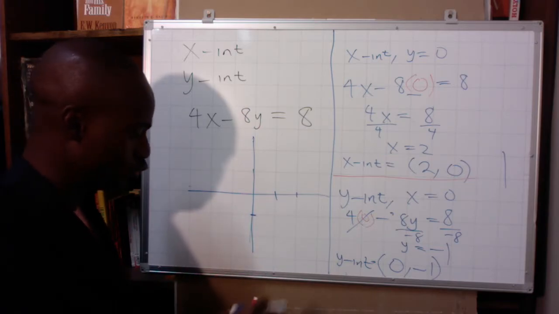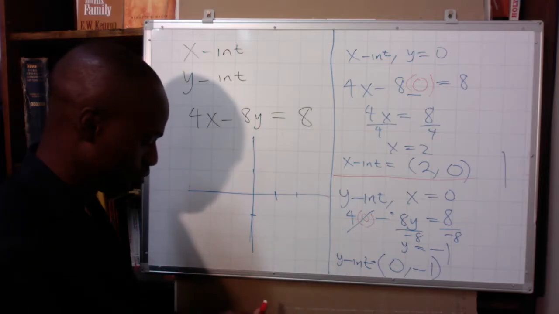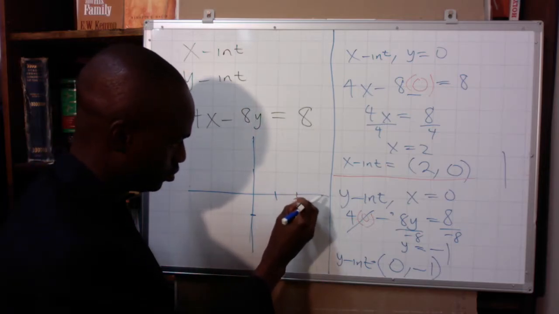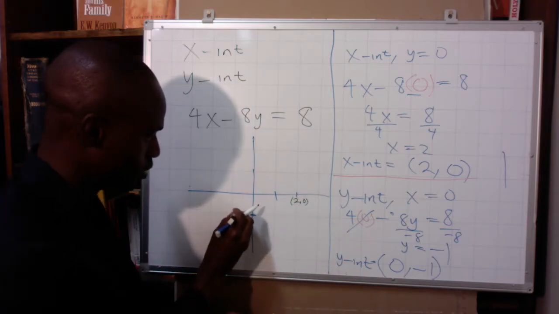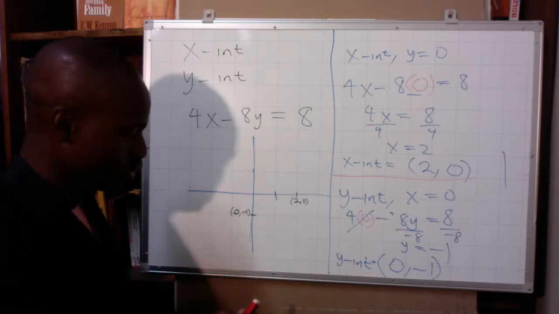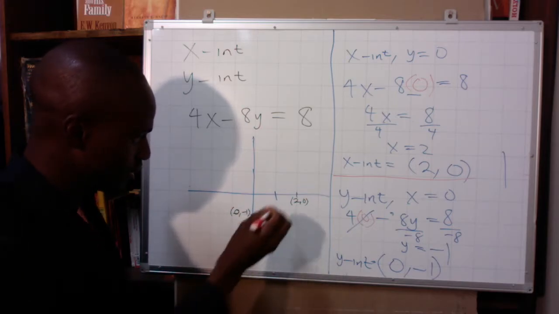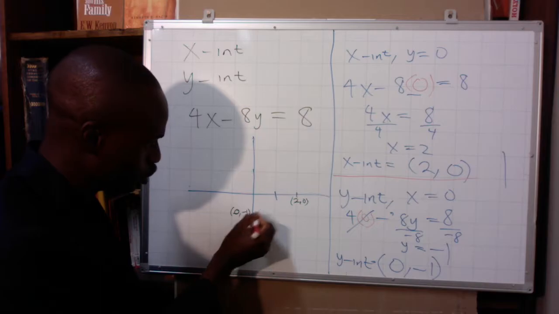So this is (2, 0), and this is -1. This is (0, -1). So our graph is going to look like this, just a straight line passing through these 2 points.